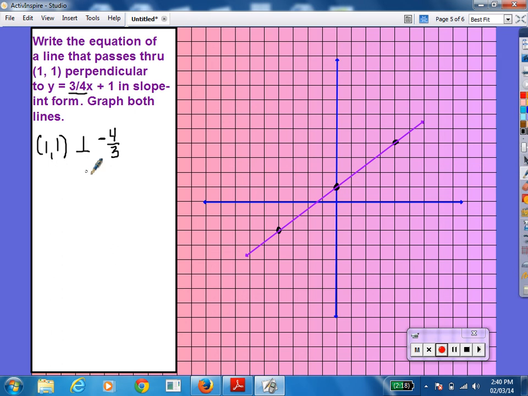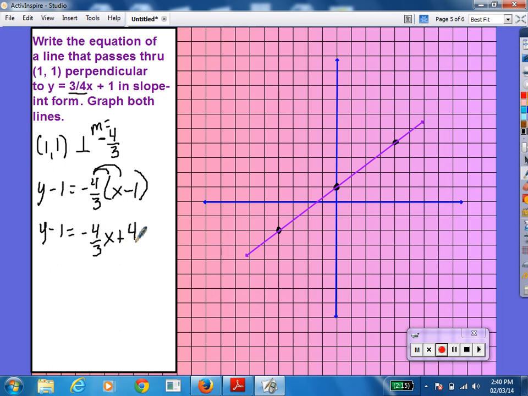Now, we have our slope, and we have a point, and it's not the y-intercept, so we have to plug it into point-slope. y minus 1 equals -4/3 times (x minus 1). So we'll distribute: y minus 1 equals -4/3 x plus 4/3. So now we just need to move this over to the other side to put it in slope-intercept form, because that's what we were asked for.